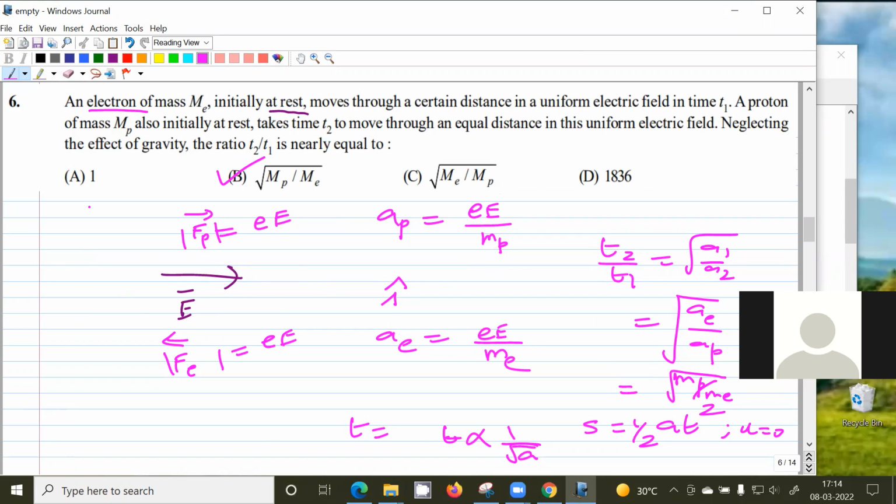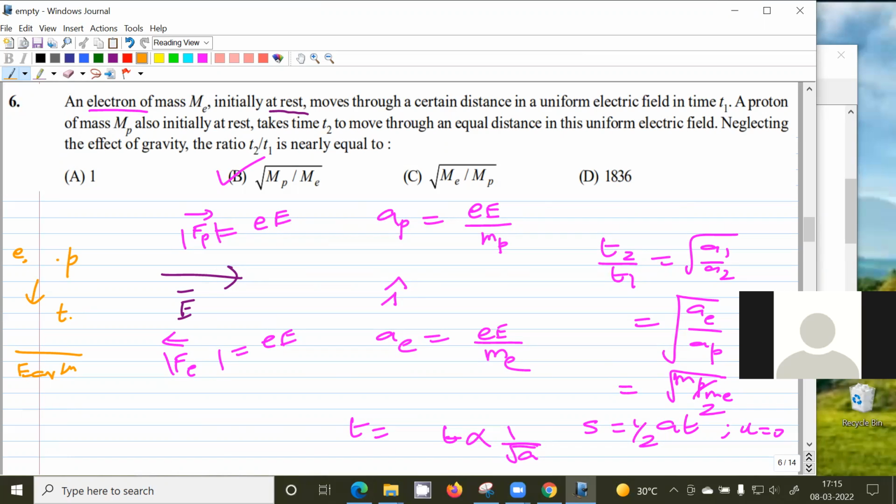Okay, suppose this is Earth's surface. I'm dropping this electron and the proton. Okay, then what will be the time taken? For both, will it be same or different?